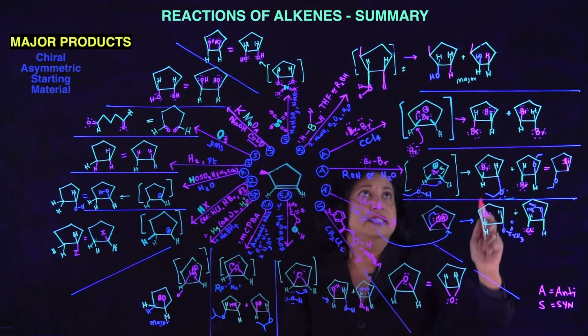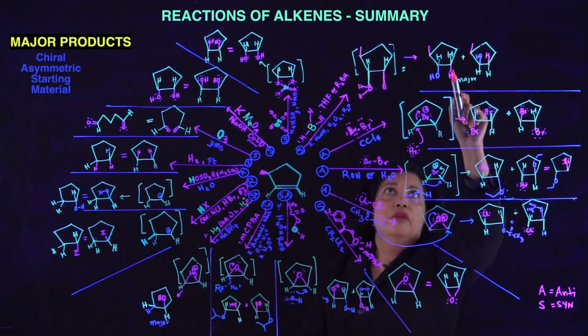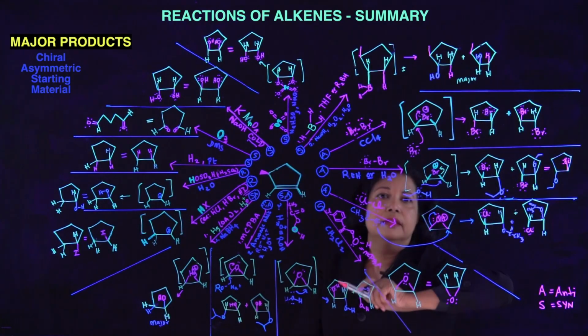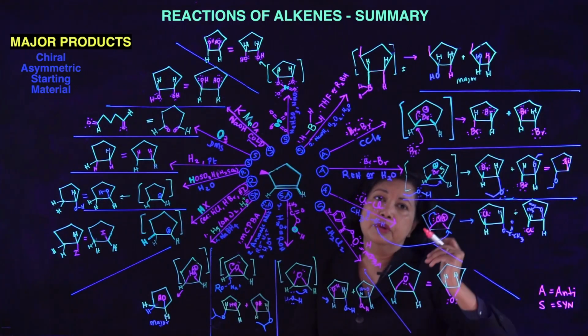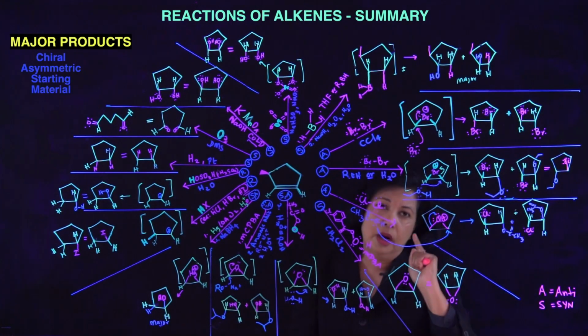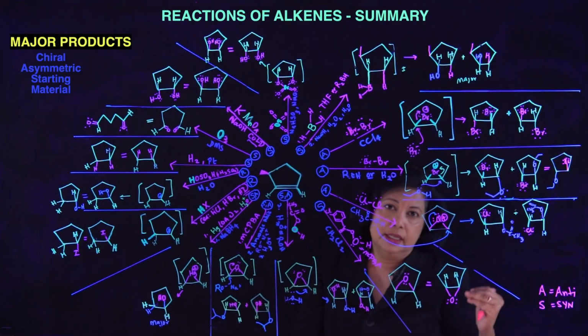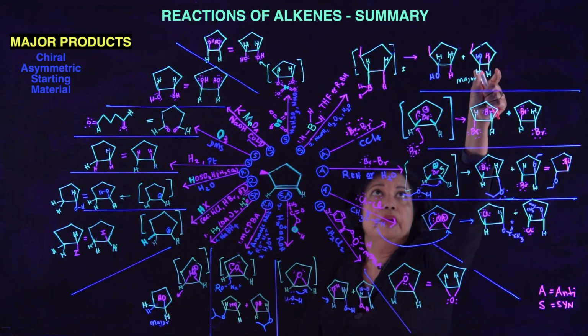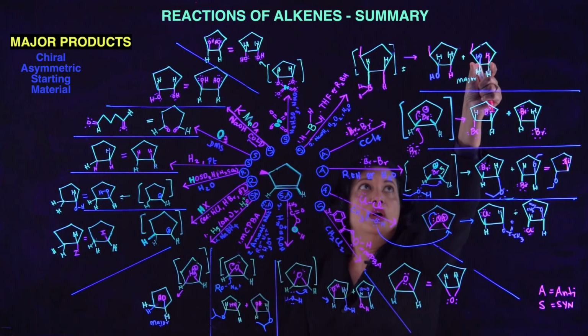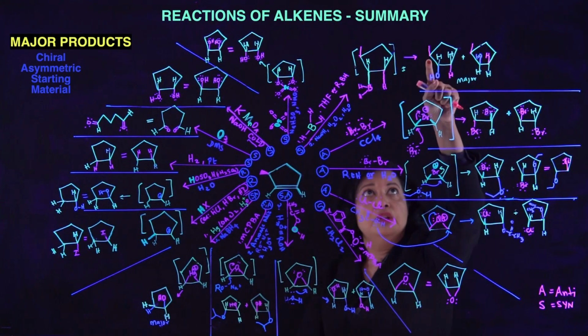In this case, these two are flipped, but this is not. So when you have some of the stereocenters flipped and some remaining the same, and even if it's one remaining the same and all the others are flipped, they cannot be enantiomers because they are not mirror images. If I draw a mirror image of this, the methyl should be down.